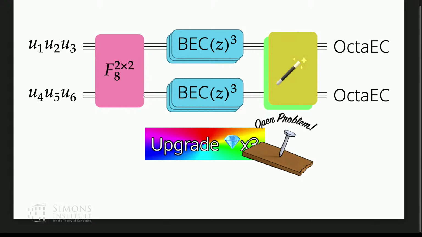And usually when you do alphabet extension, there is this design pattern where you go for an inner code, and then you use that inner code to process your information such that outside this inner code, it looks like an erasure channel with a very large Q. And then with this erasure channel with very large Q, you apply a Reed-Solomon code that works on a very large Q. So that's the design pattern for alphabet extension. The more precise term is code concatenation.